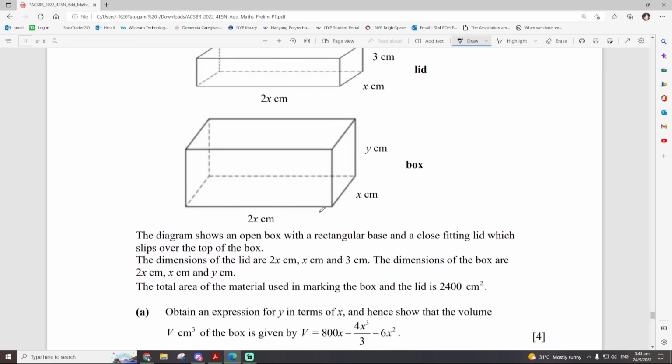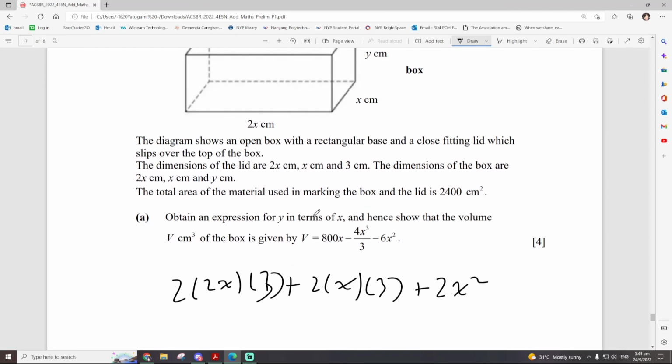Then we need to consider the box itself, so this is 2xy plus 2xy plus 2x squared.